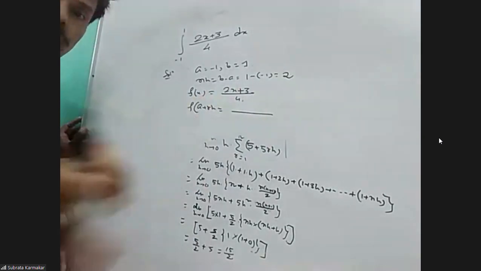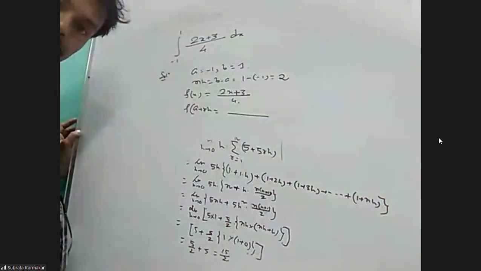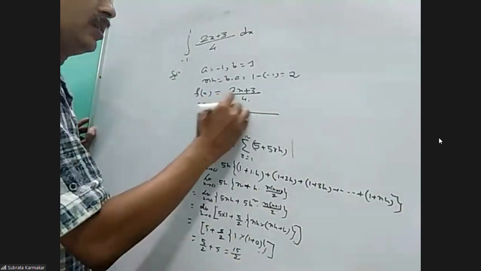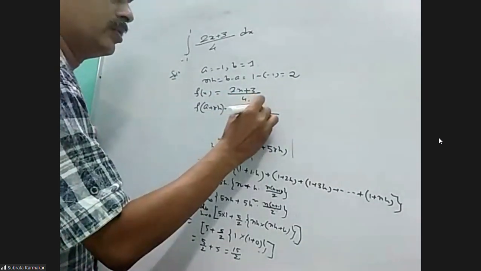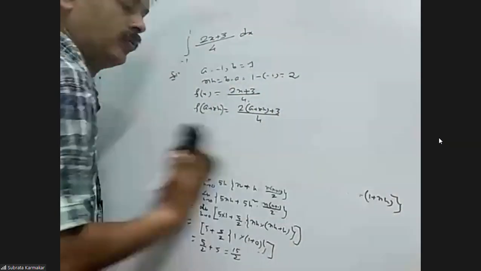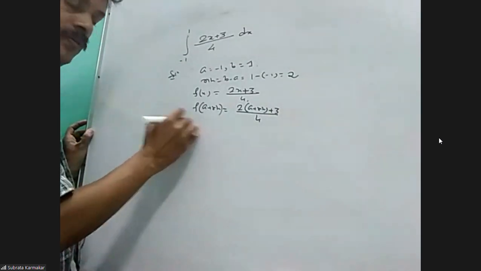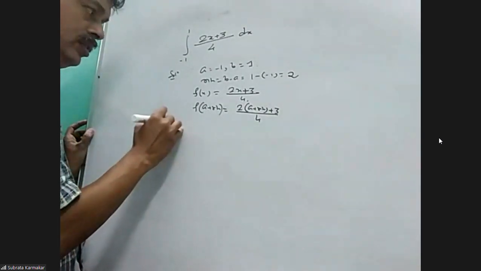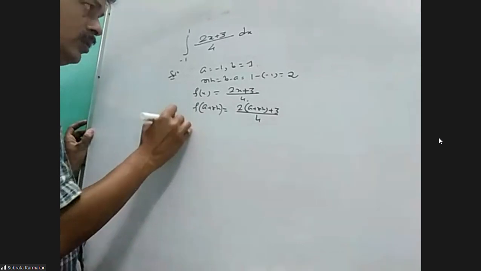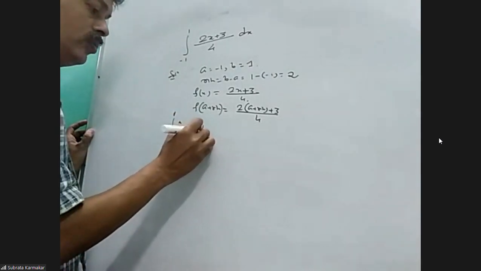f of a plus rh is 2 into a plus rh plus 3 by 4. Now, from the definition of limit as a sum, we can write here integration minus 1 to 1, 2x plus 3 by 4 dx.